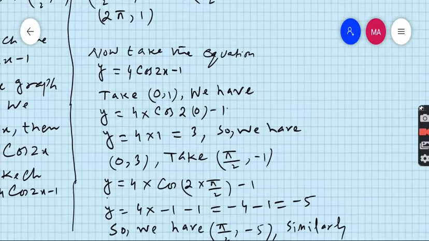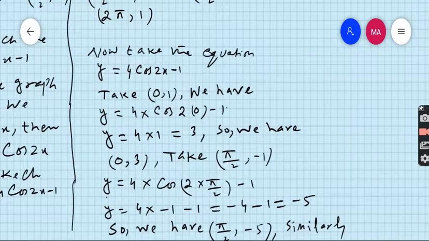Again take pi by 2 comma 1. Put pi by 2 into x in the given equation. So 4 cos 2 into x, x is pi by 2. The 2 cancels with this 2, and you will have cos pi. Cos pi is minus 1. Minus 1 into 4 is minus 4.